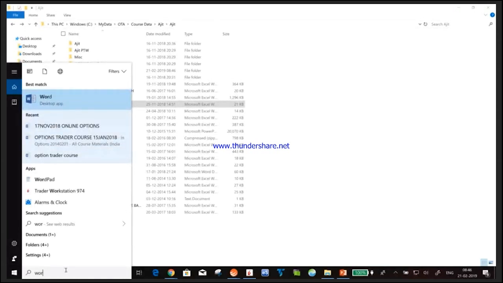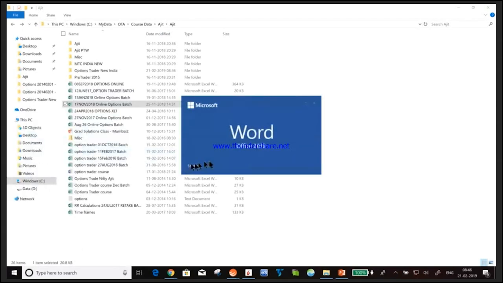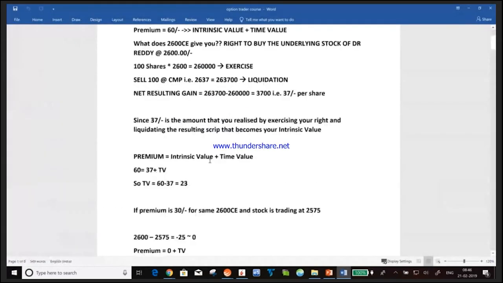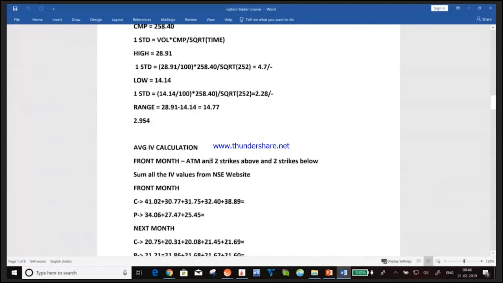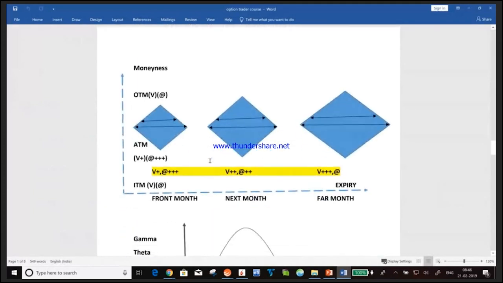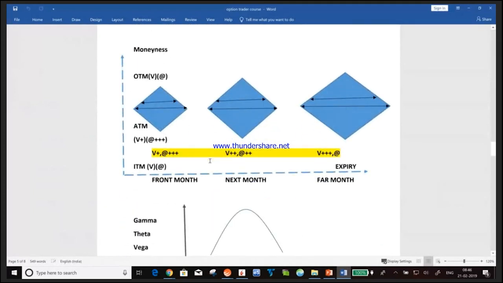They don't require high capital. All right.